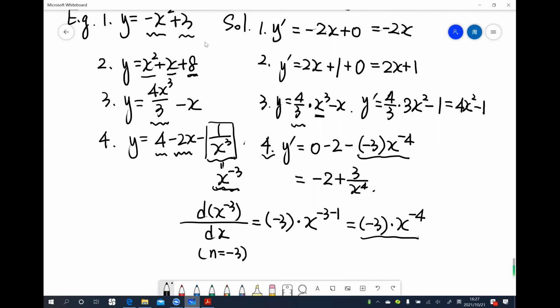No? So if you can understand these 4 questions, please text 1 in the WeChat group. Let me know how many of you understand. Only number 3, the product rule. Number 3, product rule. Sorry, I cannot hear clearly.